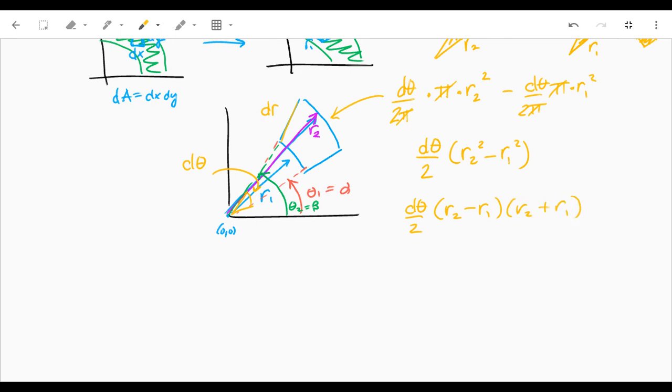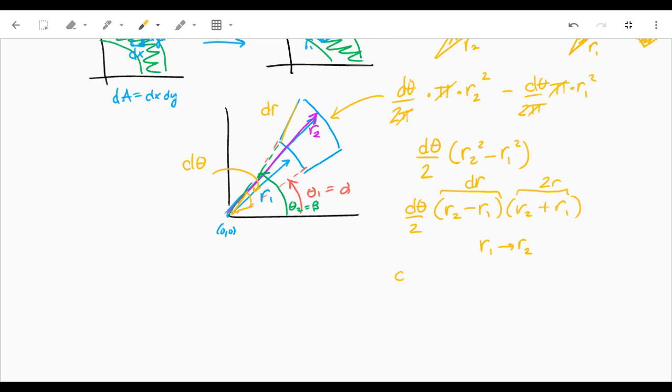Okay, well, what happens is if these get infinitely small, then R1 starts to approach R2. As that happens, then this becomes our infinitesimally small dr, that tiny, tiny little difference in the r's, and this comes closer and closer to 2r if they start to be the same thing.